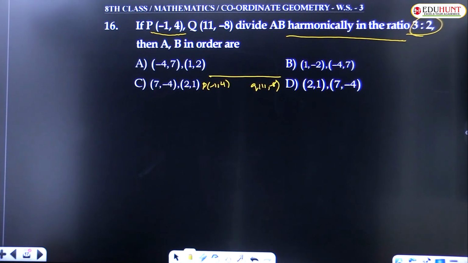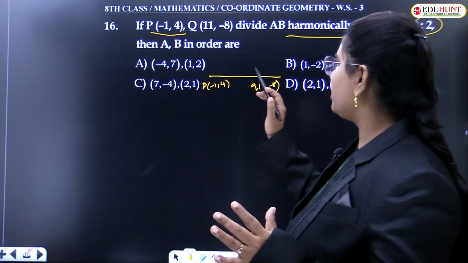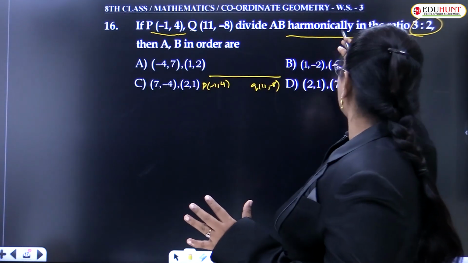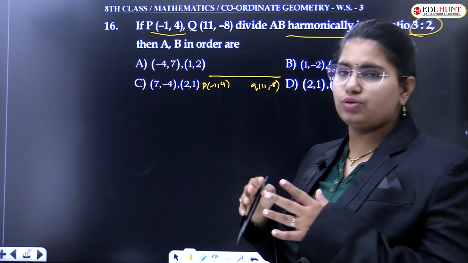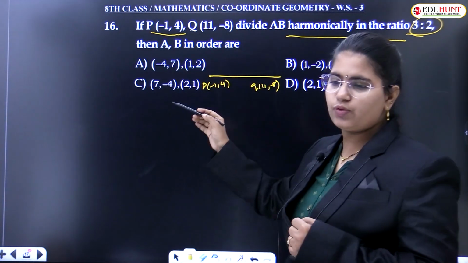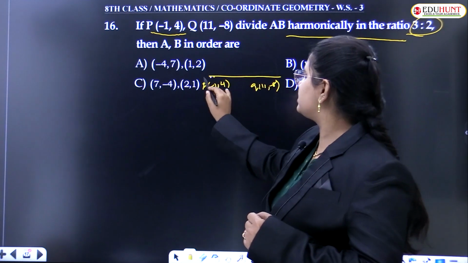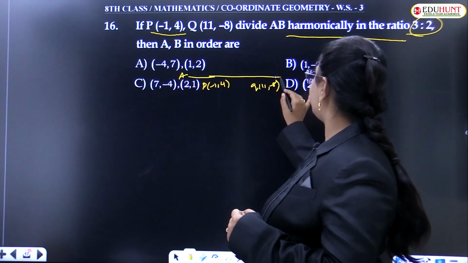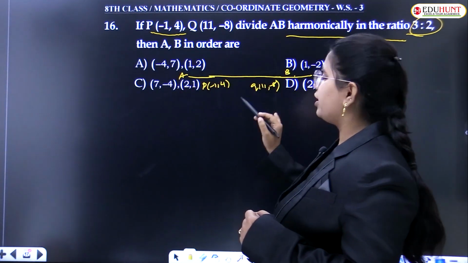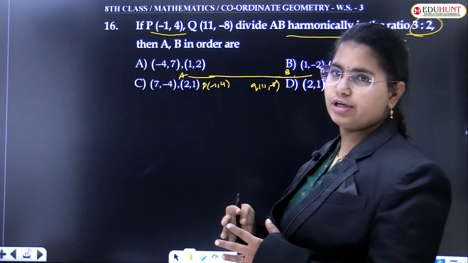P, Q points divide AB harmonically in the ratio 3:2. So this is P, Q. A and B are the points I should locate here. A is here and B is here, and this particular point is being divided in the ratio 3:2.